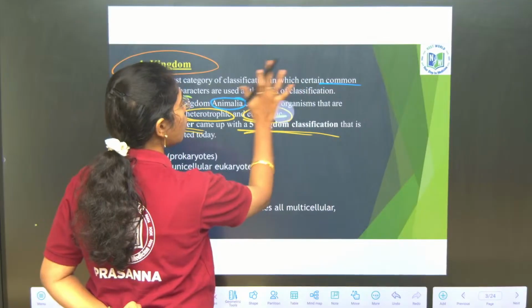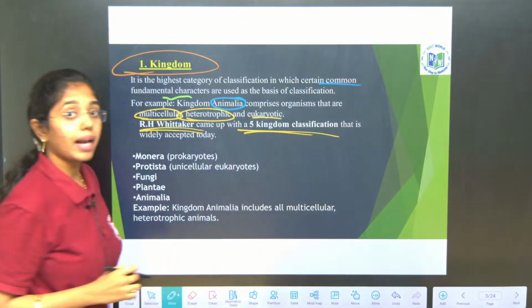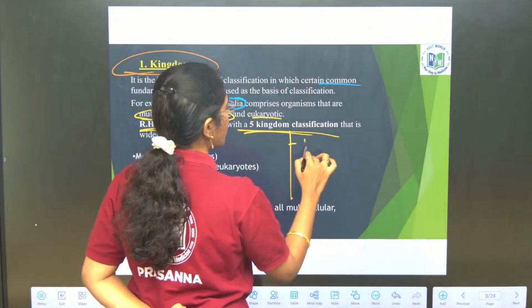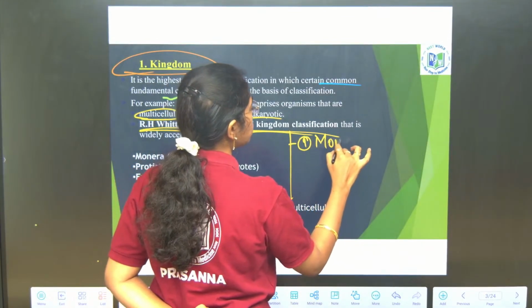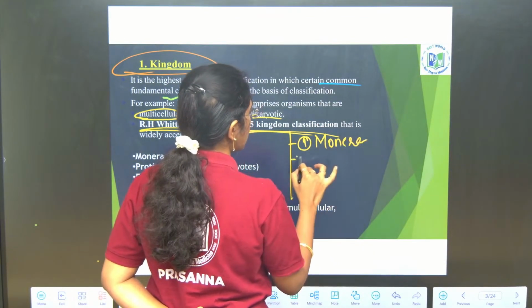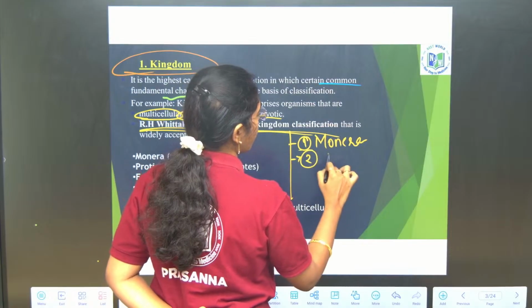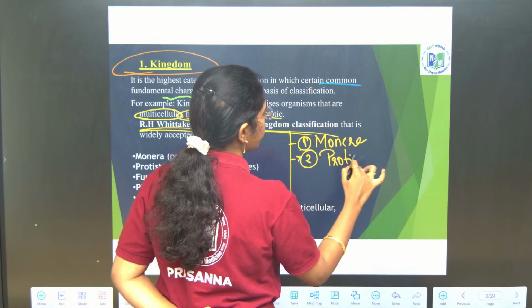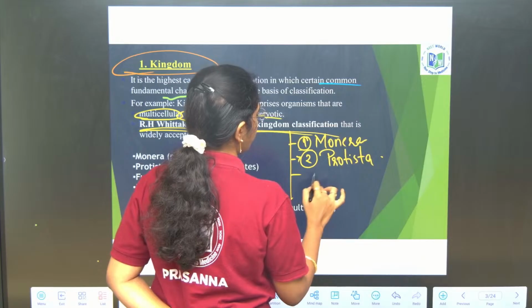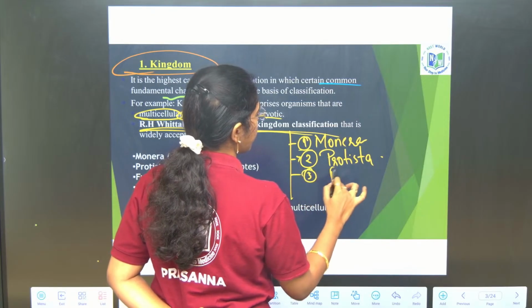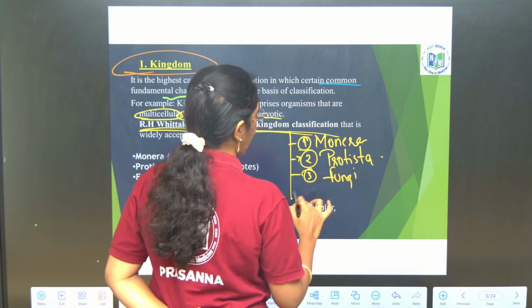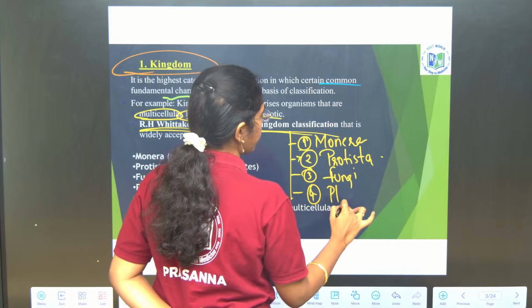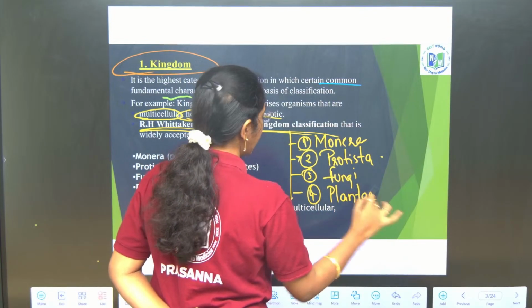Let us recall what are the 5 kingdoms that are given by R.H. Whittaker. 5 kingdoms: first is kingdom Monera, second is Protista, Fungi, Plantae and Animalia.